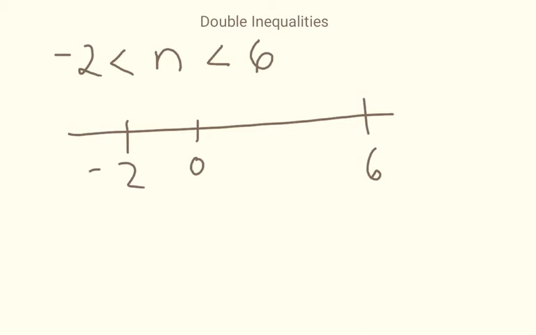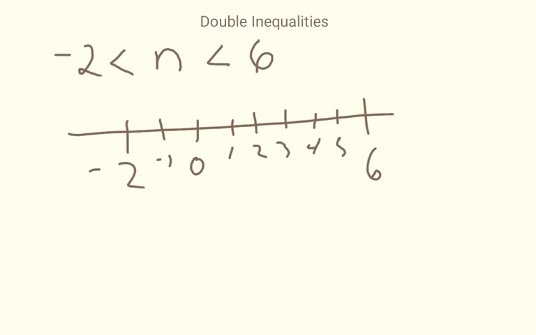So we know that the number is greater than negative 2 and less than 6, so it can't include negative 2. And if we're just talking about integers, this is a little tricky here. I'm going to have to put these other spaces in here. So there's negative 1, 1, 2, 3, 4, 5, and 6.